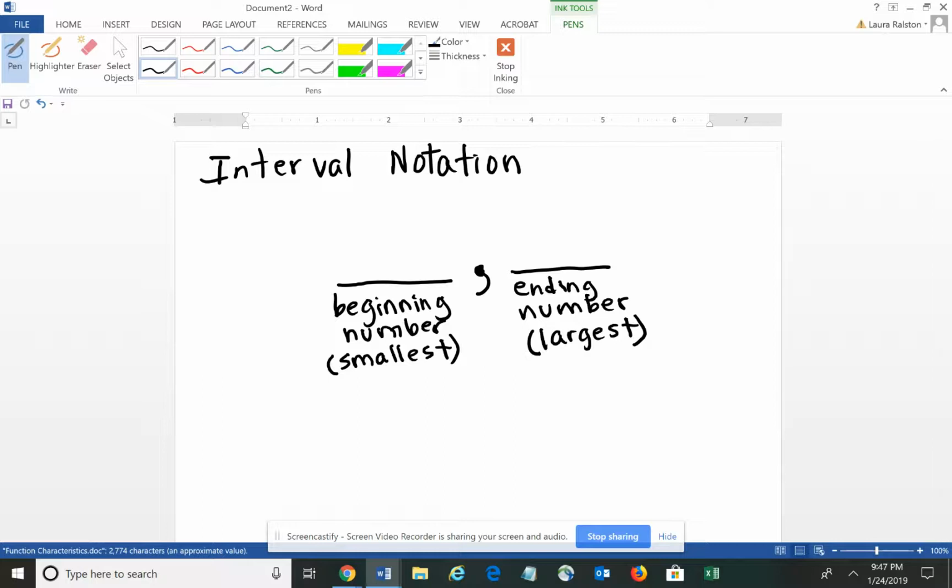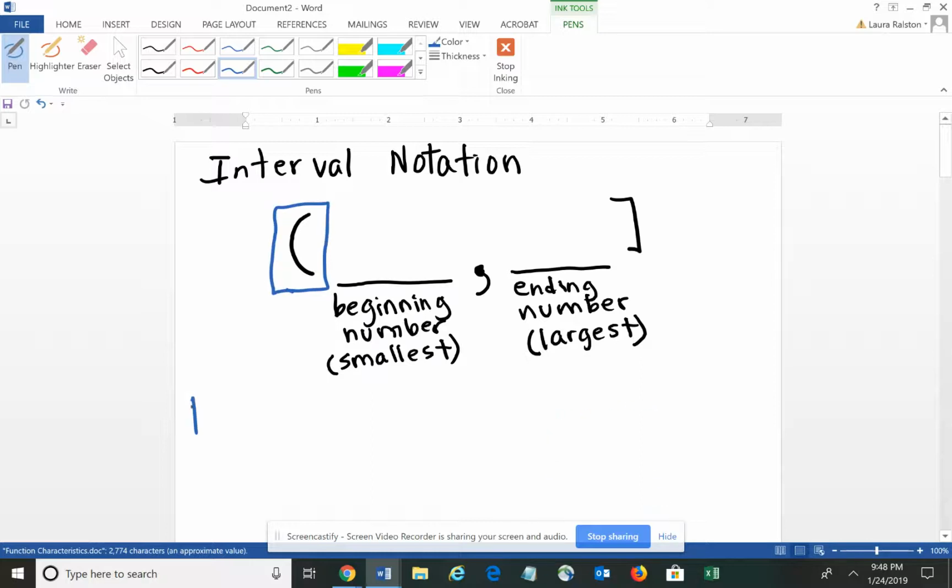Then you can use either a parenthesis or a bracket at the beginning or the end. It could be that the bracket's first and the parenthesis last. You can have 2 parentheses or 2 brackets, and we'll take a look at how you know when to use which one. But let's talk about when you would use the parenthesis, which is the curved line.